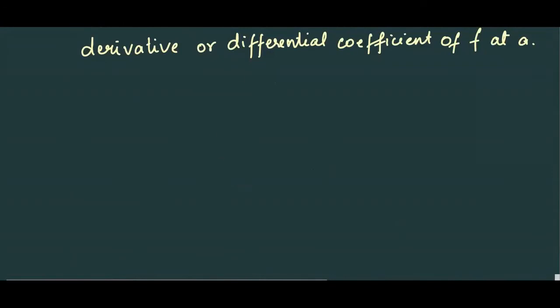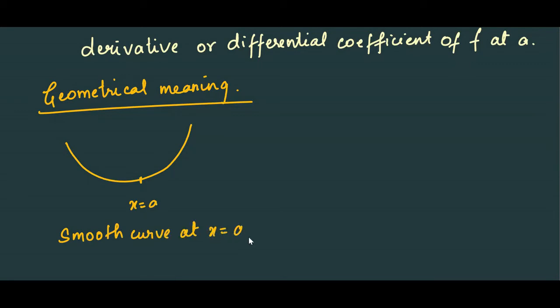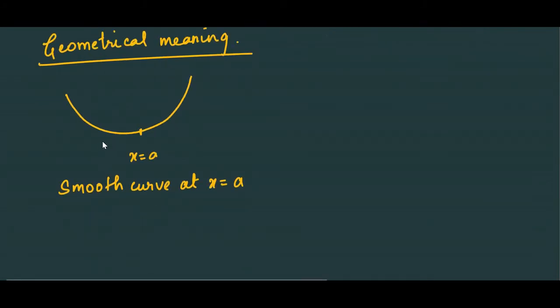So geometrical meaning. Suppose a function has a smooth curve at x equal to A. Then you will have a unique tangent.